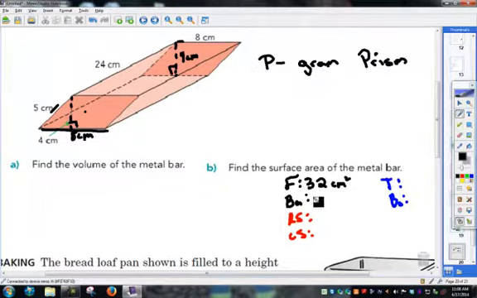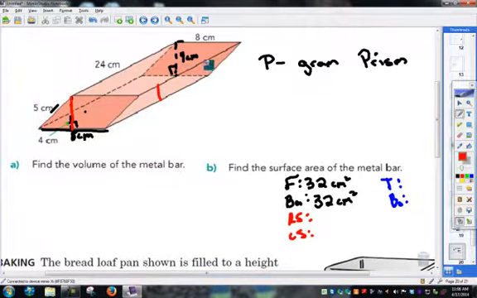Now we're ready to go on to right side and left side. Okay, well, if the height of it is 4 here, isn't the height going to be also 4 here? I mean, it doesn't change. The height's going to be the same all the way around it, right, guys? All those lines are 4. So I know that my height is 4. Show it as a dotted line, that'd be a little bit better. I'll show it coming down at a right angle, and we know that's 4 centimeters. Now, how do I know what the base is, though?